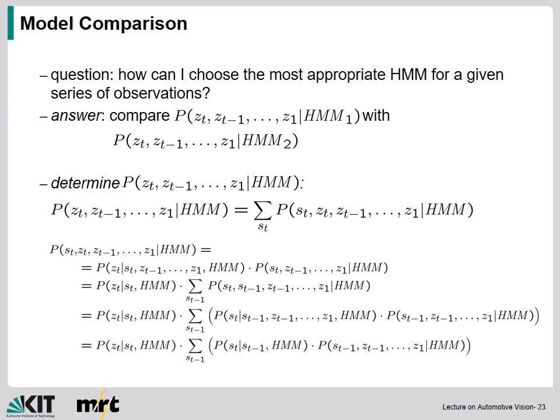Now we can make use of the stochastic independence properties of the hidden Markov model again and simplify the probability, because we know that the transition from state st minus 1 to state st does not depend on previous observations. We can simplify this term and end up in a simple state transition probability.